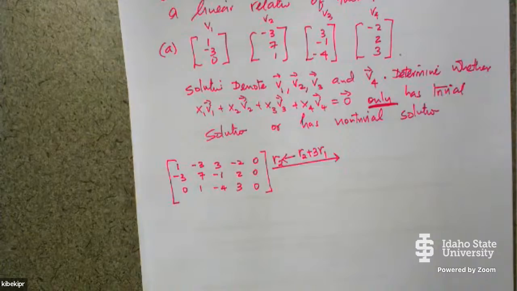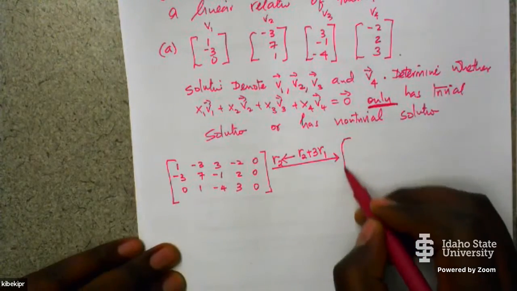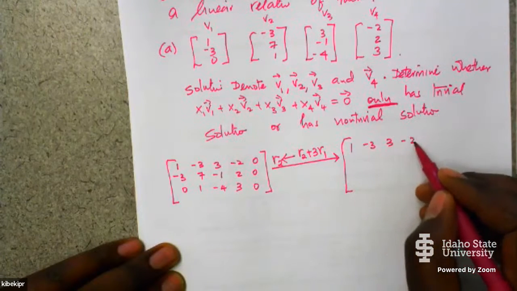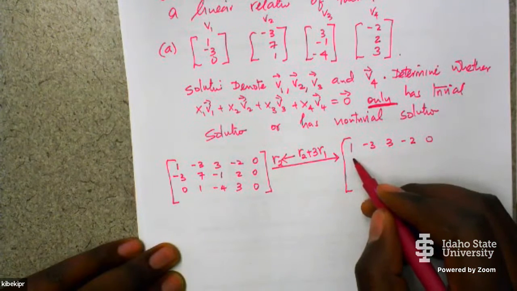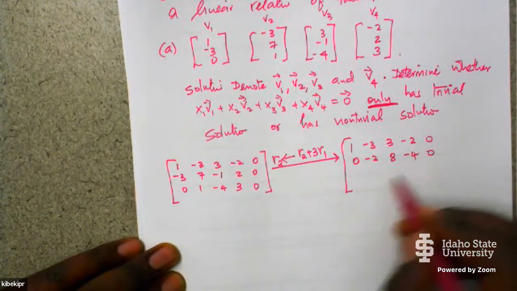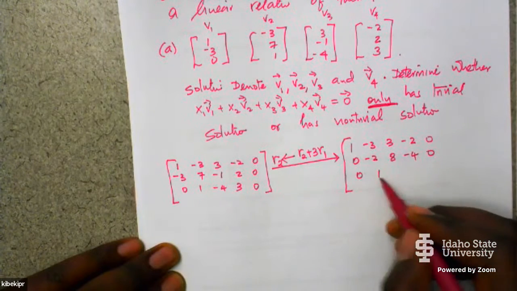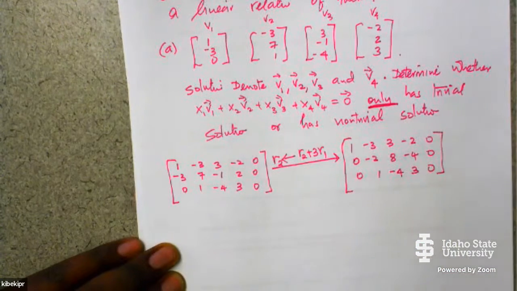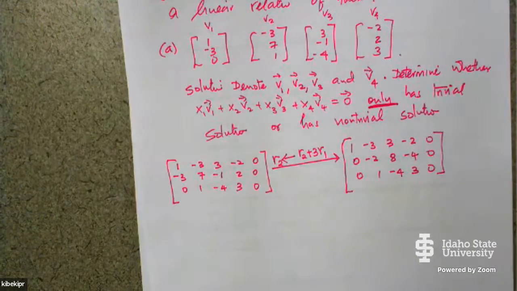So we get 1, -3, 3, -2, 0; then 0, -2, 8, -4, 0; and then 0, 1, -4, 3, 0.